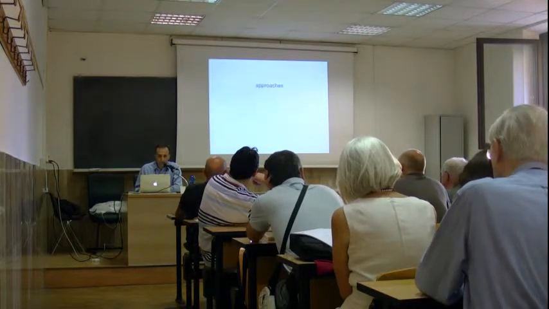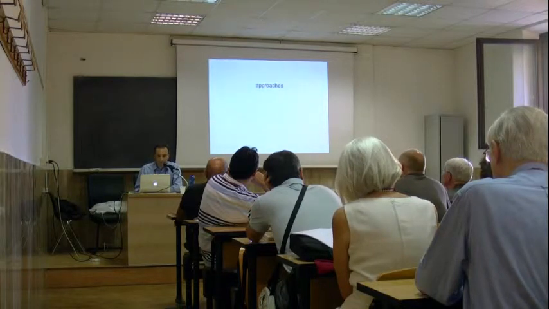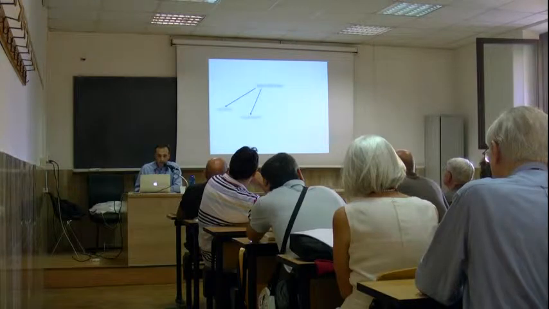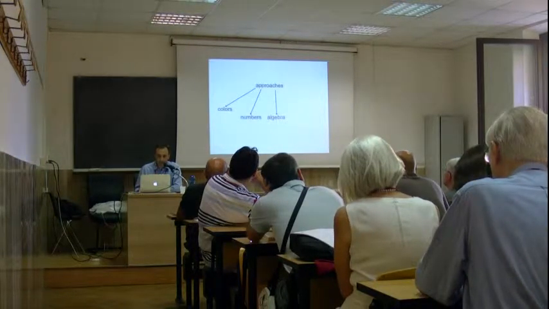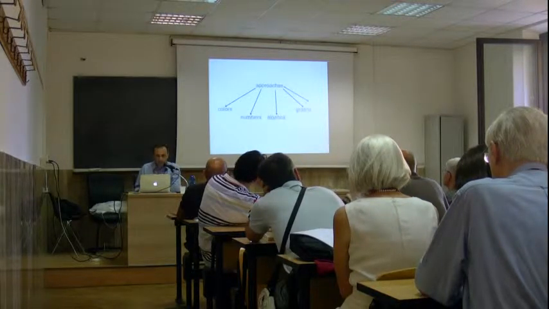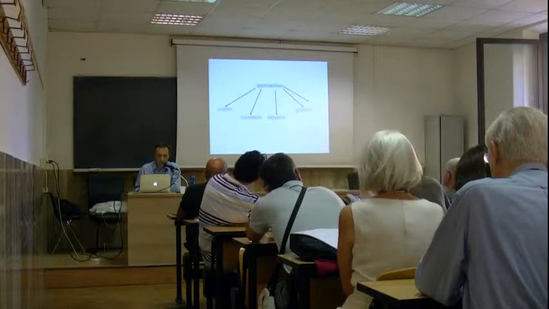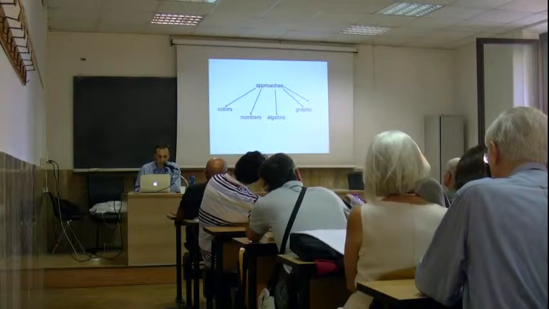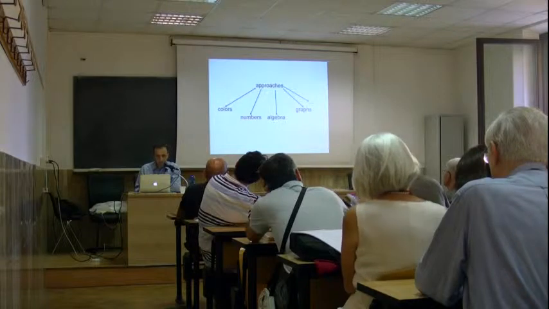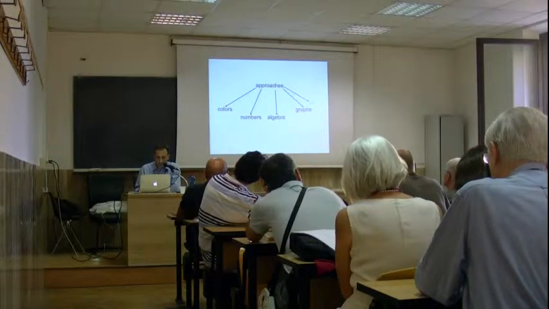Several approaches have been put forward in the last century. The first one is based on colors, another one is based on numbers, another one is based on algebra, another one is based on graphs, and there are also other approaches. In my talk, I will focus on three of them: colors, numbers, and graphs, and I hope to cover the other approaches in the paper.